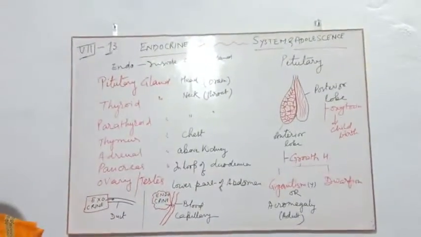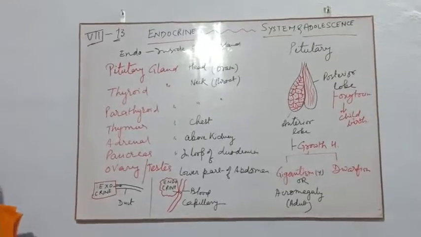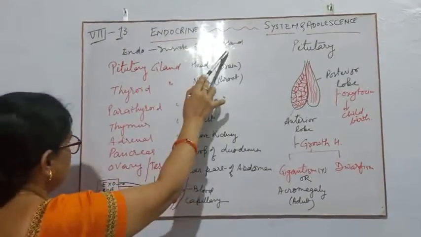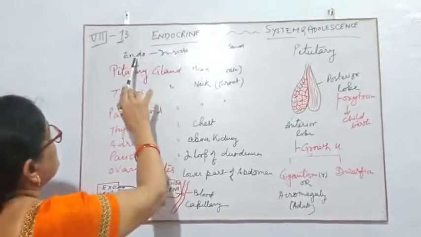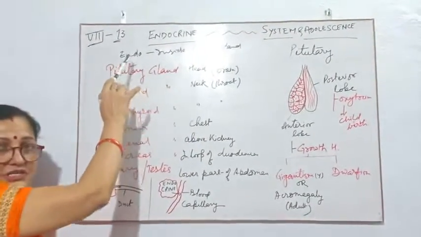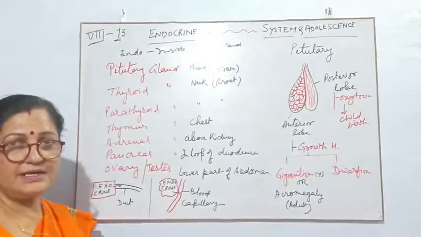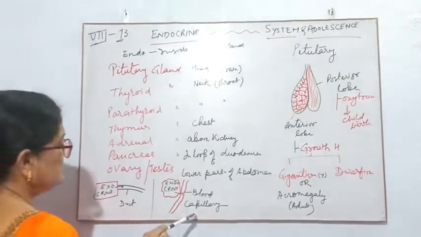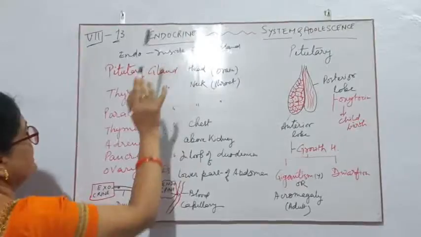So the full meaning of endocrine gland is the gland which pours its secretion inside the blood capillary. This is known as endocrine gland.